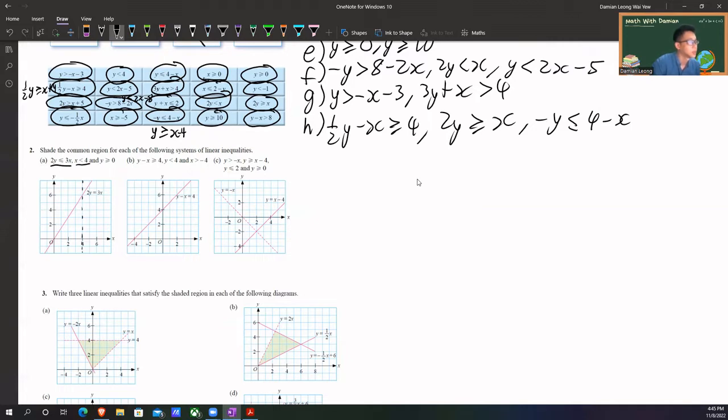Then y more or equals 0 means above the x-axis. So this one less or equals below this line. So below this line, it can be this region, this region, this region, this region. Less than 4, so from the x equals 4, less means to the left, more than is to the right. So it cannot be these two x on the right, so erase these two x's.